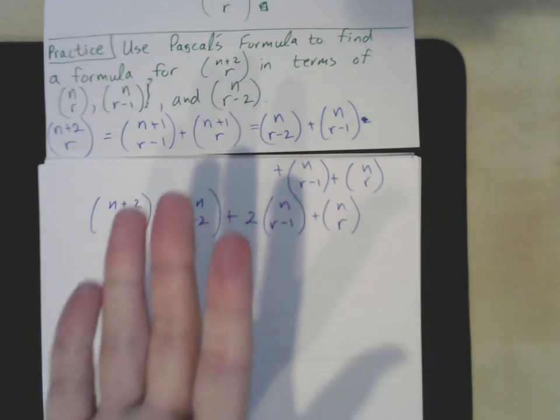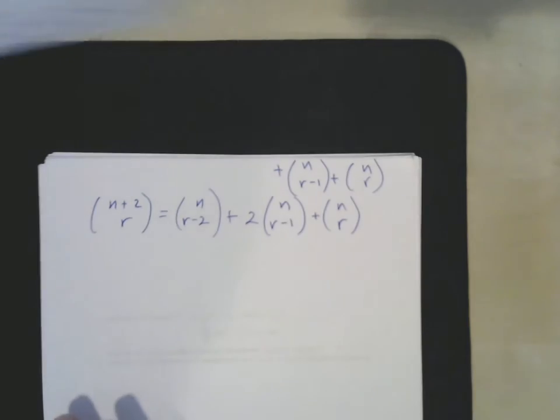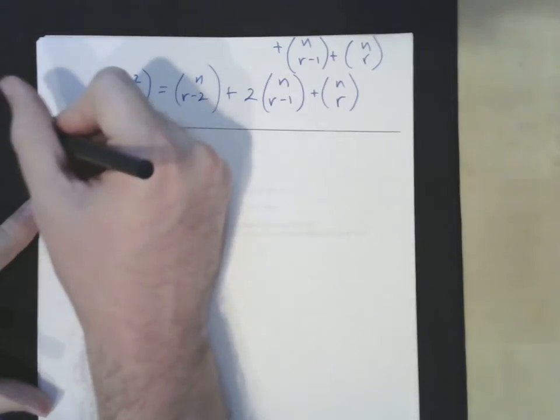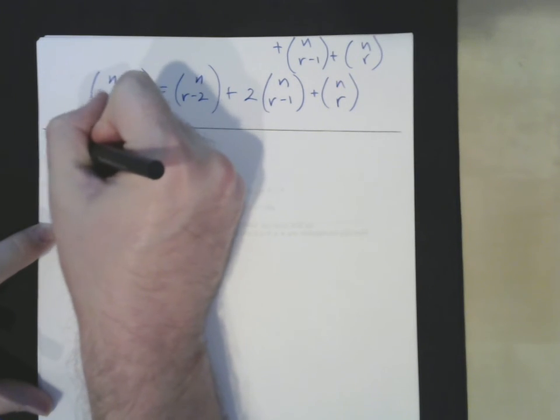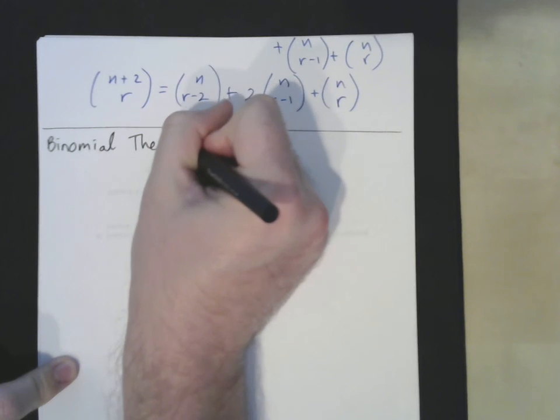And that comes from Pascal's formula, which led us to the binomial theorem. And the binomial theorem looks like this. Theorem.